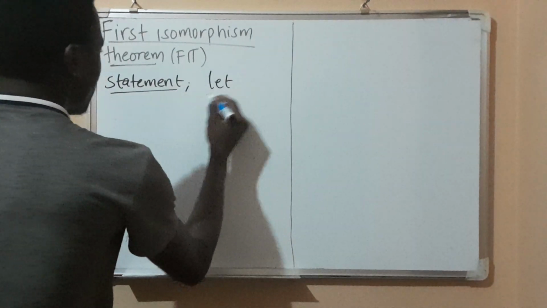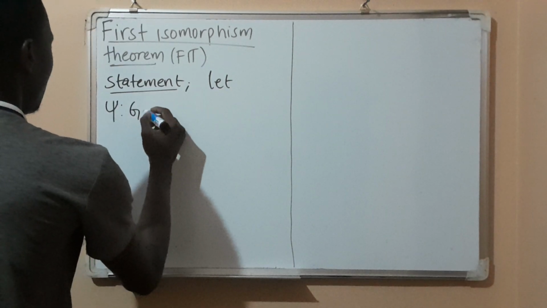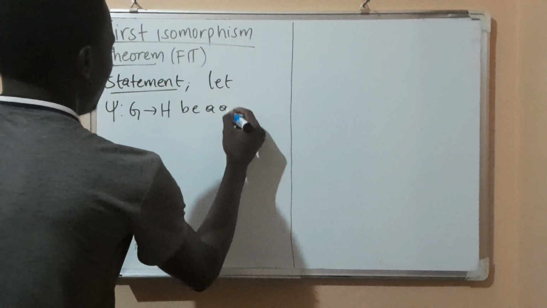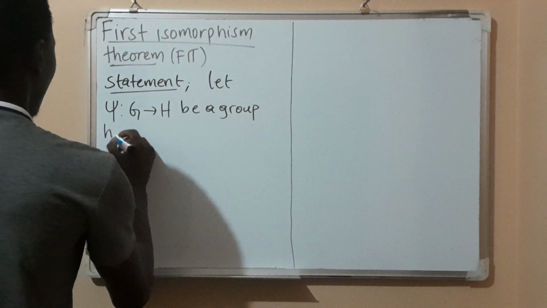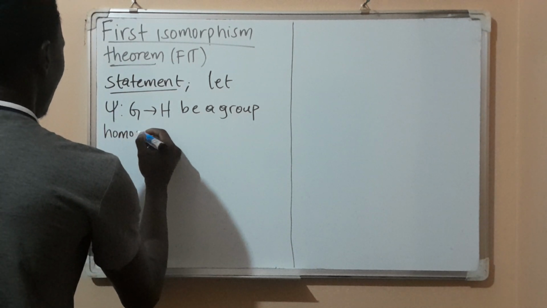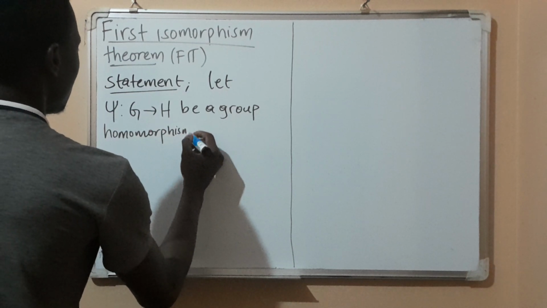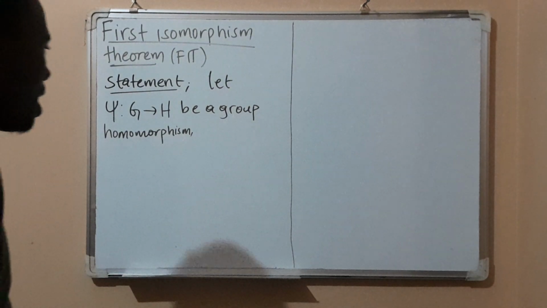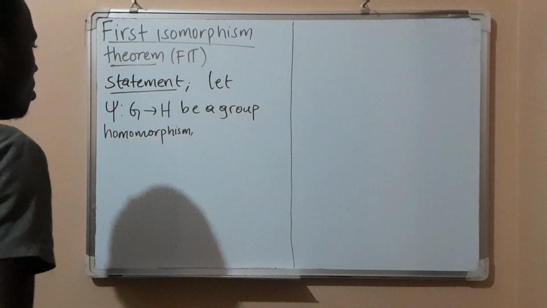Let phi be a group homomorphism from group G to H. So G and H are groups.